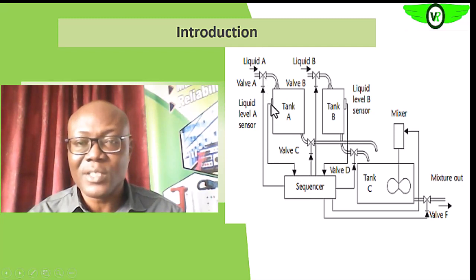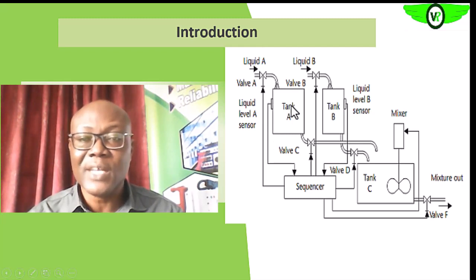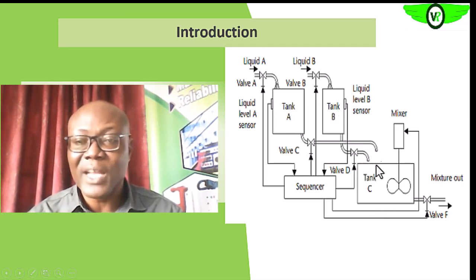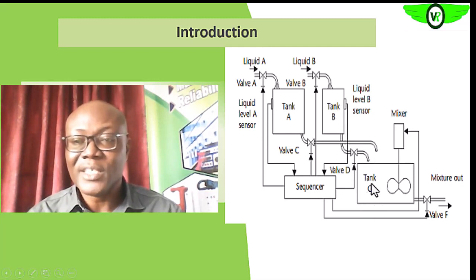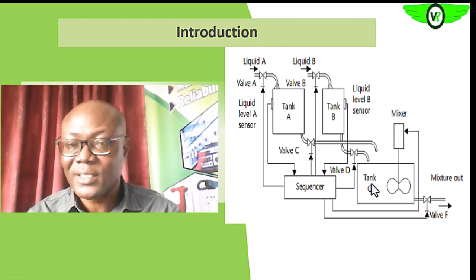You see the sensor, which is definitely a level, which means that a certain level must be attained in tank A and tank B before they will be allowed to flow into tank C for the next process to start.